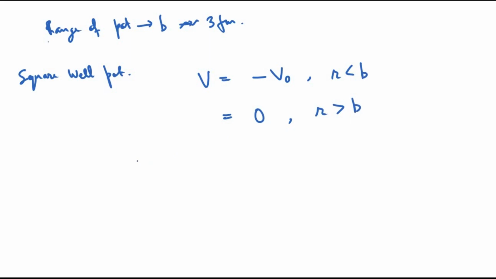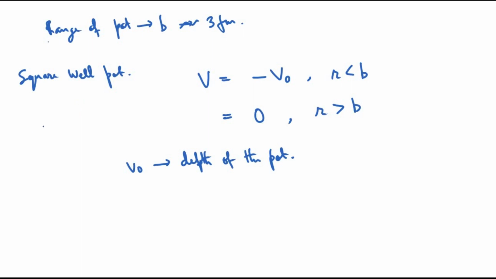So what is V0 basically? V0 is the depth of the potential, and as I have told you previously, b is the range of the potential.